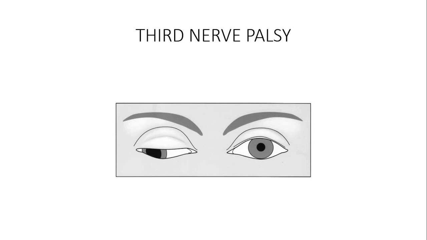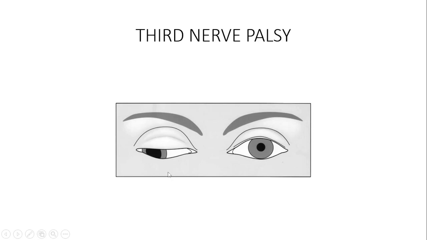So there are two ways of diagnosing the surgical third nerve palsy and its etiology. One way, which will be very obvious, is the pupil being dilated. And of course, the other features of third cranial nerve palsy.